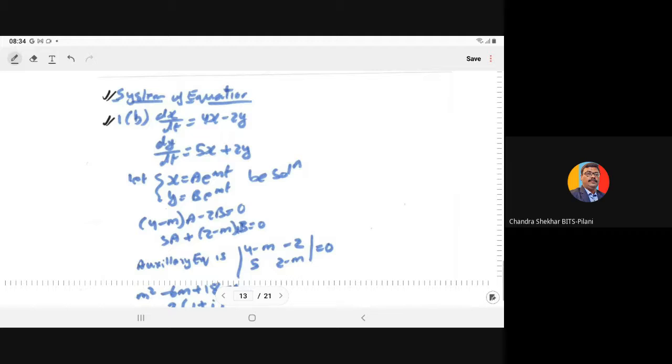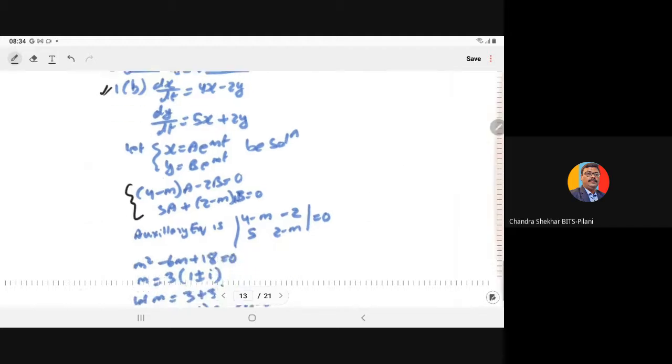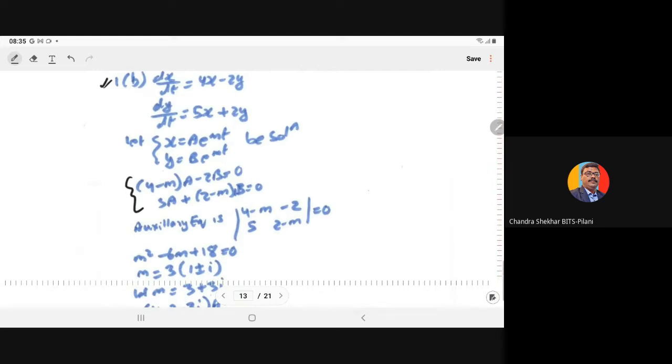So we assume that x is equal to a e to power mt, y is equal to b e to power mt is a solution of the system. We compute dx by dt, dy by dt, and when we put them in, we get a system of algebraic equations. This system has a non-trivial solution for unknown a, b only when the determinant of the coefficient matrix vanishes.